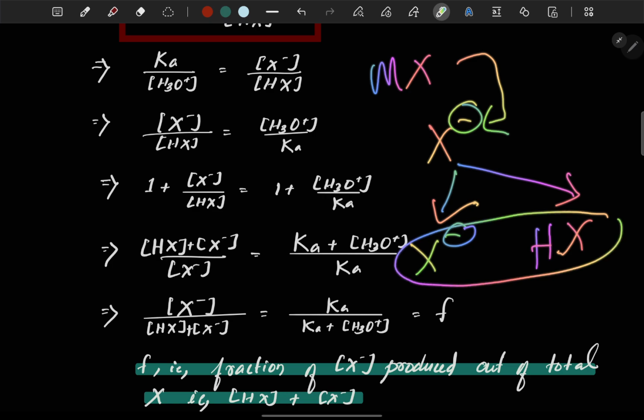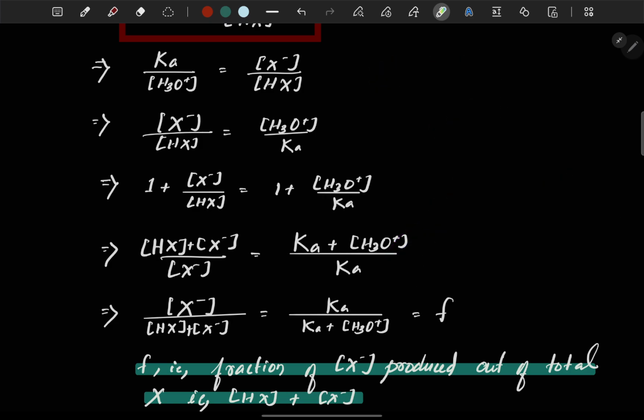So this is the total X, but we have to take the concentration of only X−, yes or no? So here in the denominator, this is the total concentration of X, and in the numerator there is the concentration of X which exists as X−.